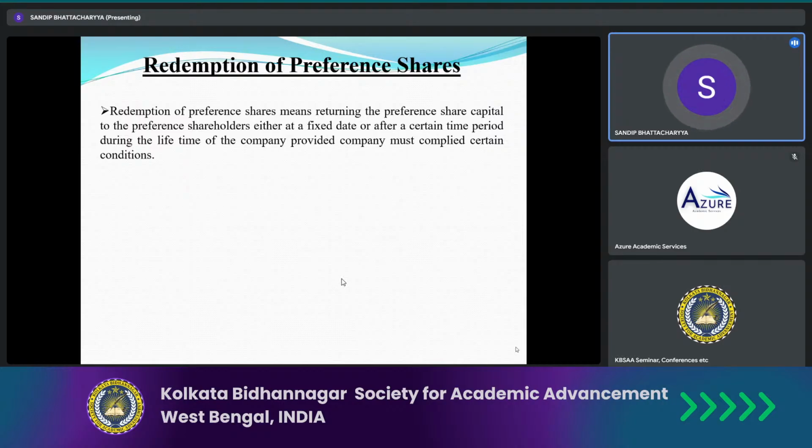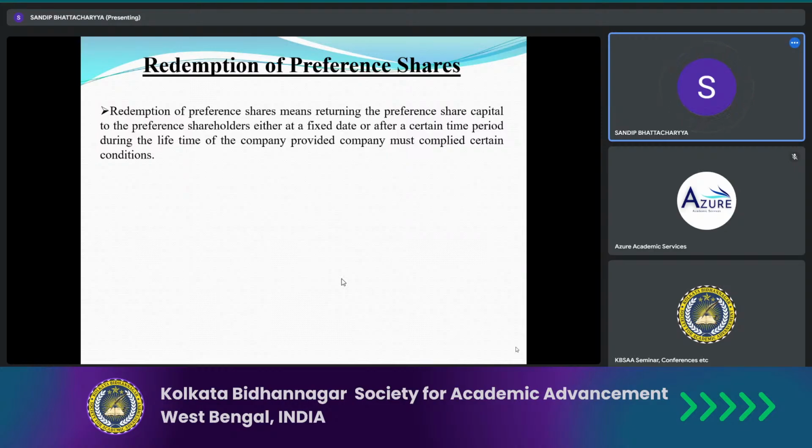So we can say that redemption of preference share is a procedure of buying back these securities from the shareholder. In my slide, the company must repurchase this preference share during the lifetime of the company or in a certain condition.